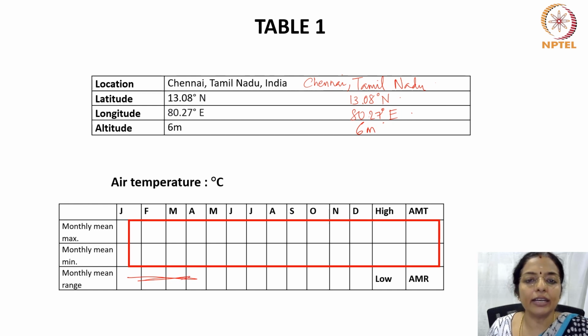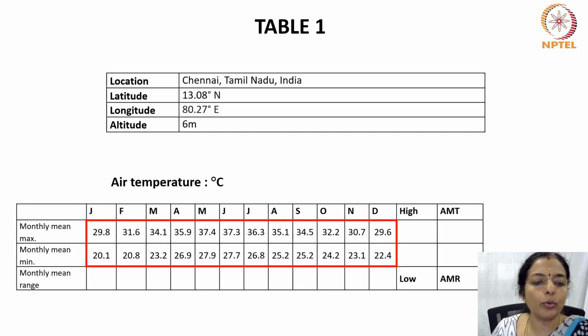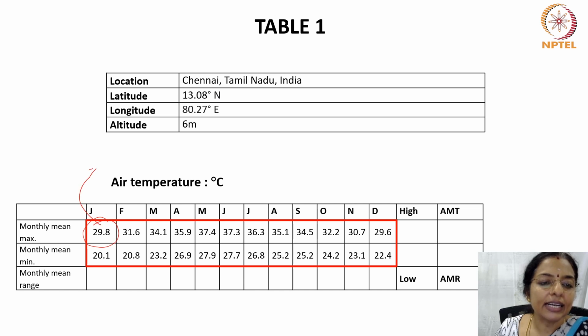So it will be like this. The monthly mean maximum and monthly mean minimum will be entered where I have marked in the red box, and then this is how it will look. So what is this data? This data is the maximum mean of January.